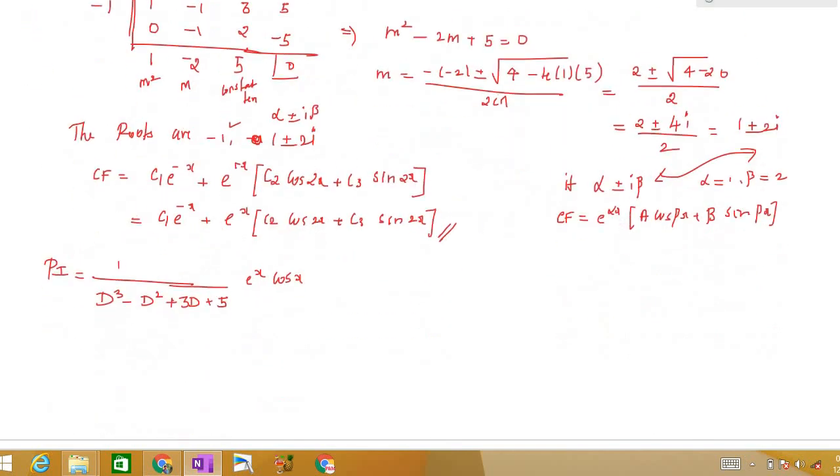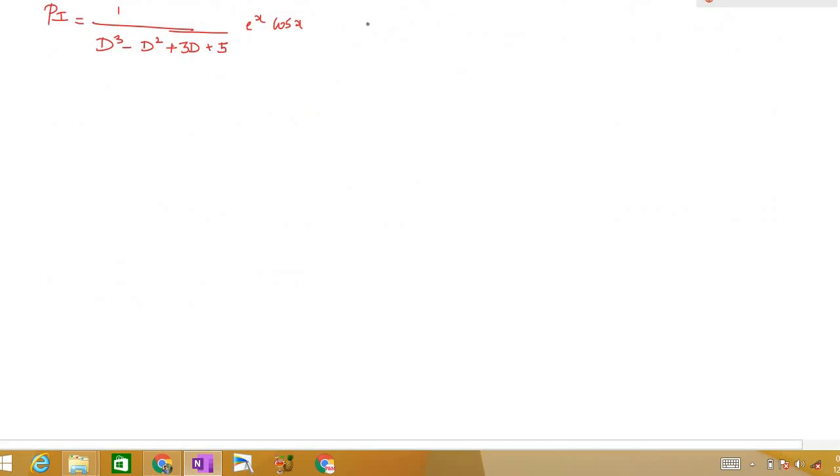Now we are in type 4. So our first step will be to replace d by d plus 1. Now we can take e power x outside, right? If we have e power x into something, we have to replace d by d plus a. That is what I said in the previous video.